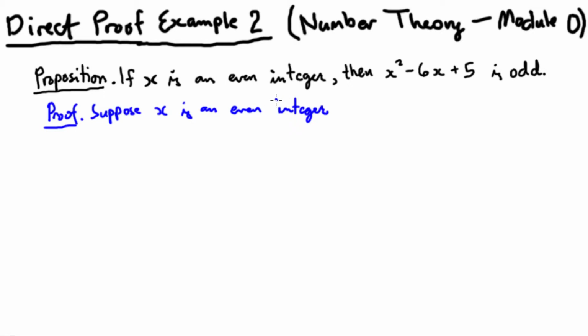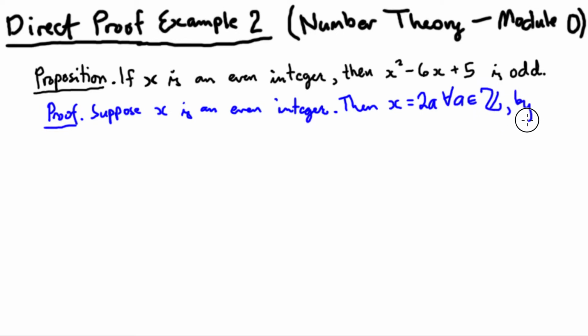Since x is even, we're going to find an argument that will lead us to the form that x squared minus 6x plus 5 is odd. So we can say that x is equal to 2a for some a in the integers, since it's even.